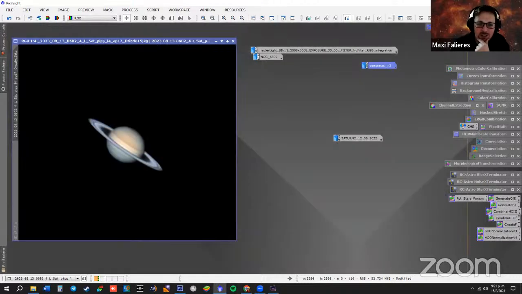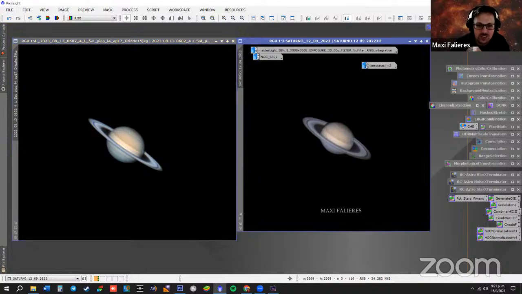If we compare it to a picture from last year, the position is very different, because remember that Saturn has a different orbit around the sun, so it's kind of inclined. I think it's okay how I say it.